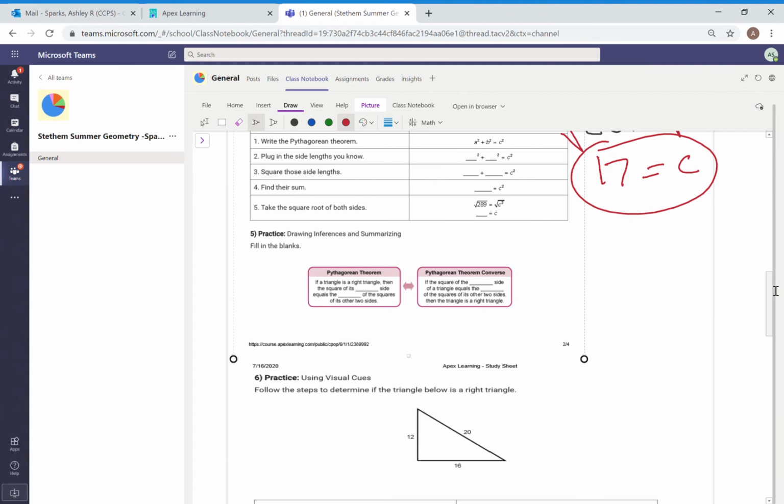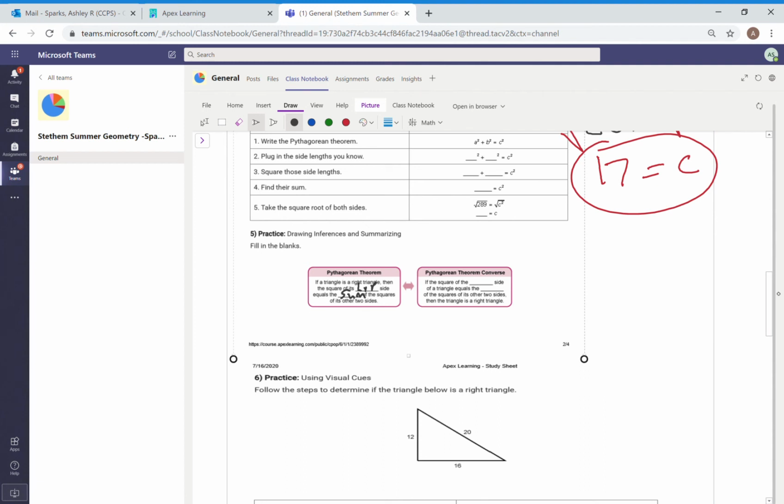And then there's this: if a triangle is a right triangle, then the square of its hypotenuse equals the sum of the squares of the other two sides.